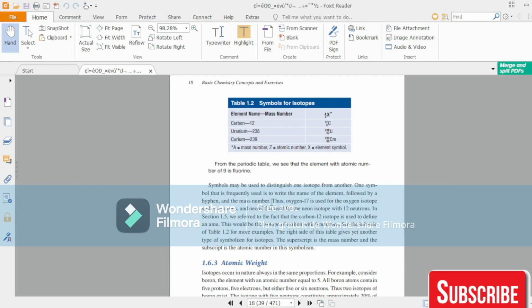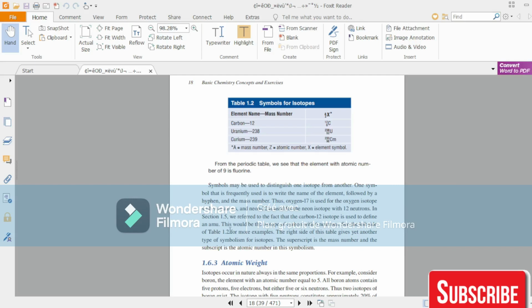One symbol that is frequently used is to write the name of the element, followed by a hyphen and the mass number. Thus, oxygen-17 is used for the oxygen isotope with 9 neutrons, and fluorine-22 is used for a fluorine isotope with 13 neutrons.